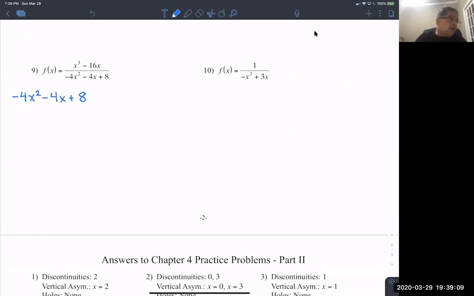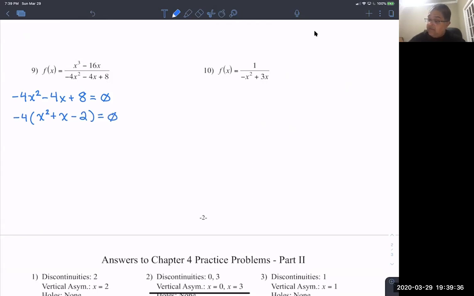Okay, now when I'm factoring, remember what's the first thing that I always have to do? I have to factor out any greatest common factor, in which case I do have one because all these numbers are divisible by -4.